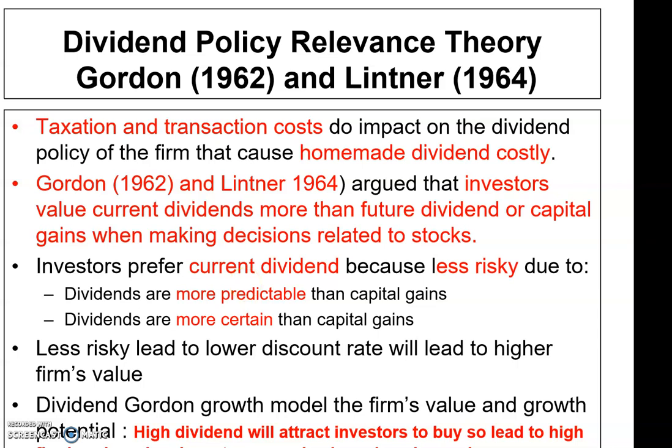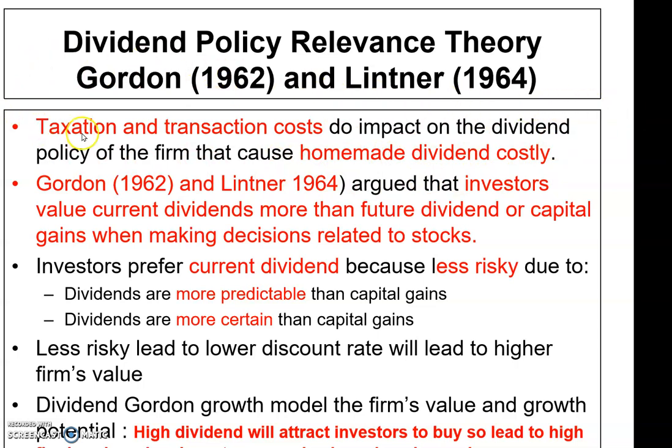When we apply the Modigliani and Miller theory, the assumptions are no transaction costs, no taxes, and a perfect market. But in reality, transaction costs and taxes do get involved in the trading of stock. Taxation and transaction costs do impact the dividend policy of the firm, causing homemade dividends to become costly. So this is the reality.